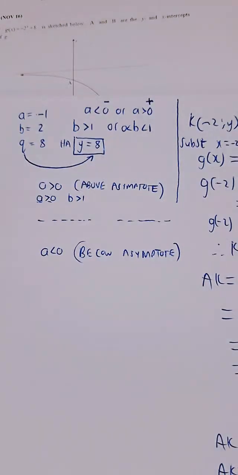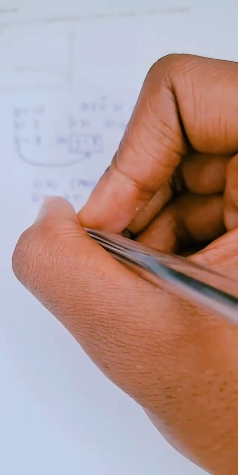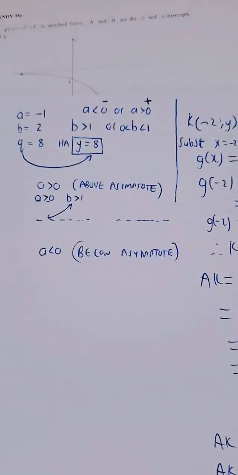Then, can I just share with you the two conditions for a greater than 0? If a is greater than 0 whilst at the same time b is greater than 1, this is the shape that you can expect. You expect an increasing exponential function like that.